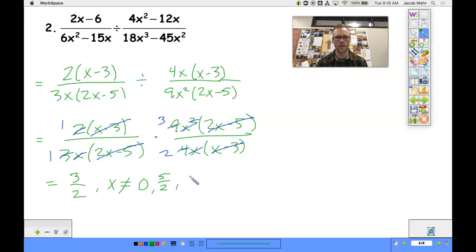We already have 0 on the list, but we also have to get rid of 3. So when you're dividing, look at the original denominators. Okay, I hope you agree that I can't put in 5 over 2 into this because this makes us dividing by an undefined number. But also, I can't put 3 into it either because that means that we are multiplying by an undefined number. So we end up with 3 over 2.